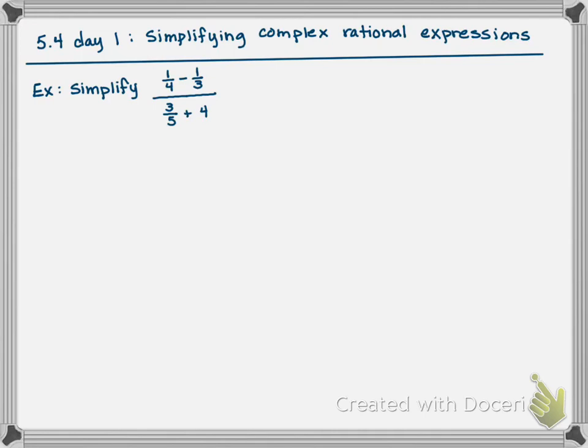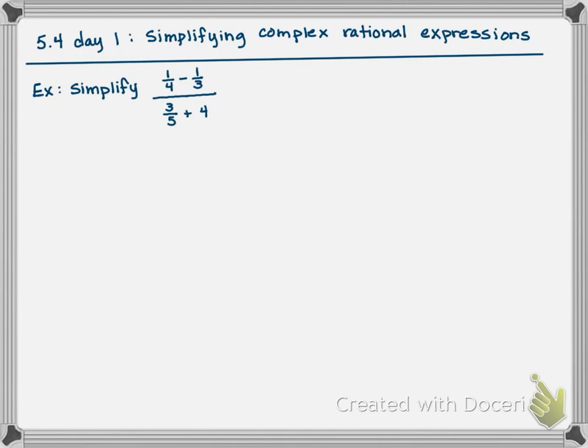So these are really cumbersome because if you ever got this as an answer and then wanted to use it in another problem, it would be a real pain. These are not super easy to work with as is. And also, they don't really give us an idea of the size of this number. You can't just look at that and say, oh yeah, that's a little more than 2.